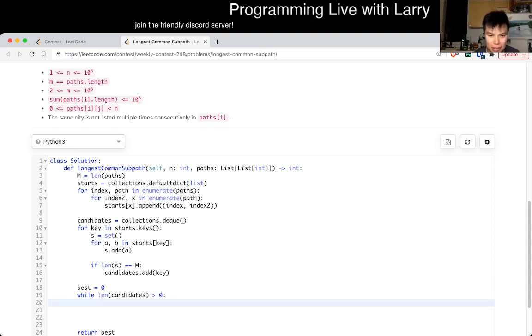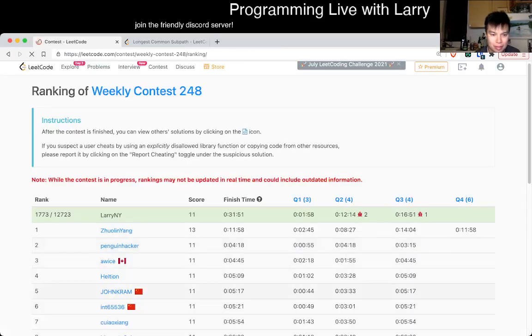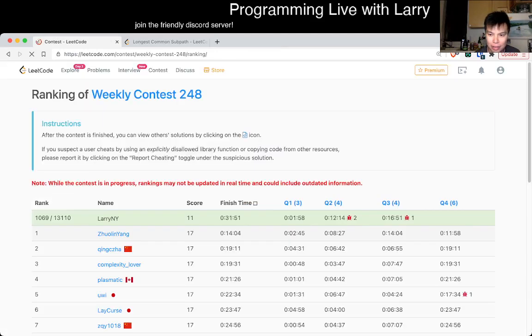I don't know if this is going to be fast enough. How many people have gotten this so far? Oh, okay, so a bunch of people.